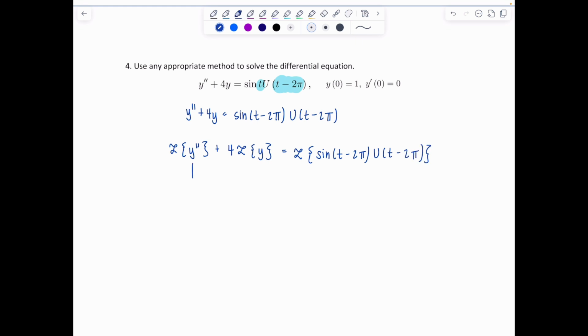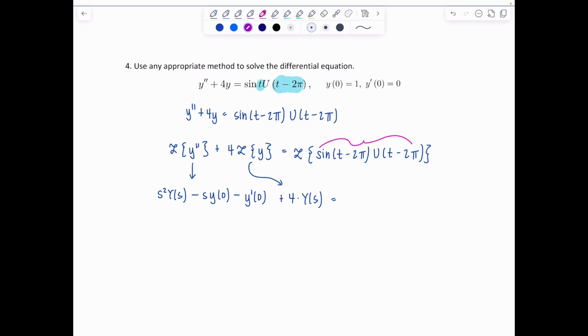So first term, Laplace transform of y double prime is s squared Y of s minus s times y of 0 minus y prime of 0, plus 4 times Laplace transform of y, which is just Y of s. And then here we need to use our second translation theorem.